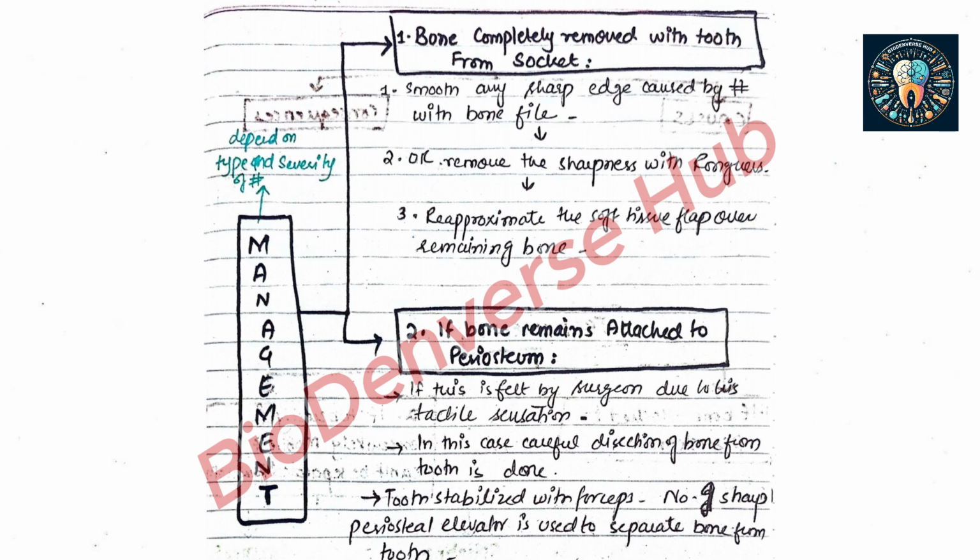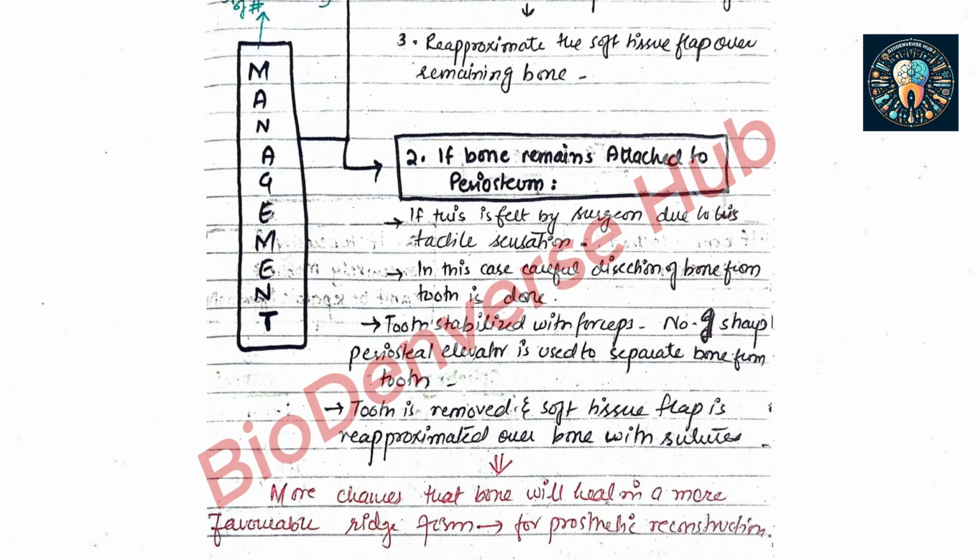The tooth is stabilized with forceps, and a number 9 sharp periosteal elevator is used to separate the bone from the tooth. Then the tooth is removed and the soft tissue flaps are reapproximated over the bone with suture. There is more chance in this case that the bone will heal in a more favorable ridge form for prosthetic reconstruction. So it is very important that if the bone remains attached to the periosteum, it could be saved in that regard.